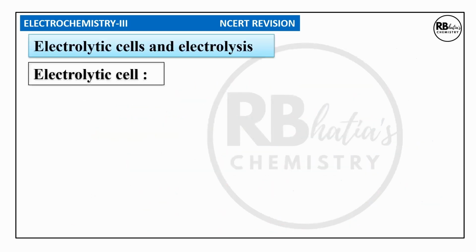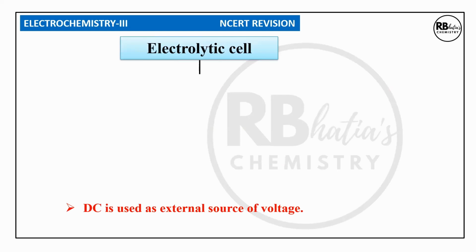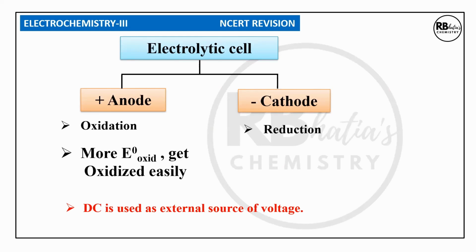We are talking about electrolytic cells and electrolysis. So electrolytic cell, first the uses. This is an electrochemical process, one of the most important aspects in the laboratory and the chemical industry, used commonly for extraction of metals from ores. For an electrolytic cell, we have an anode, where oxidation occurs, and the component having higher oxidation potential gets oxidized easily.